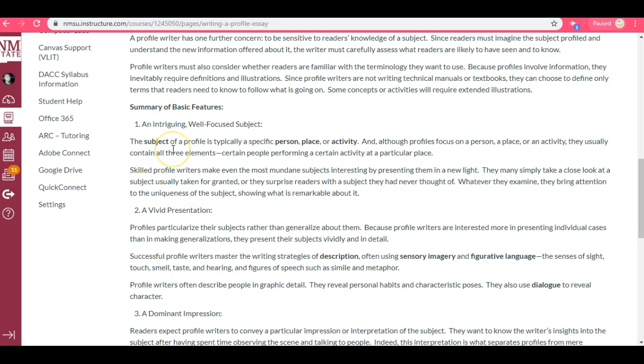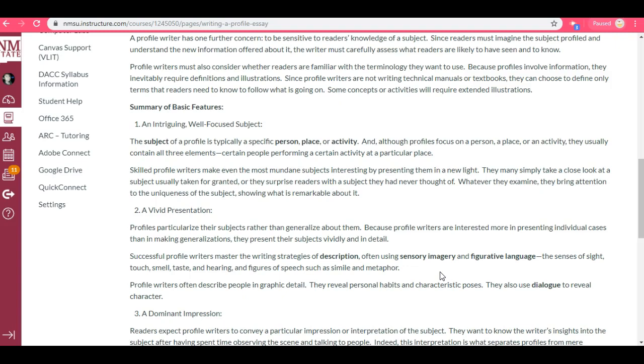Is it intriguing and is it interesting? Also, you have to think about, can I provide a vivid presentation of this place? If it's a place that you really can't describe, then it's probably not a good topic, right? So you want to describe a place using sensory imagery, which basically means that it appeals to all of our senses: sight, hearing, smell.